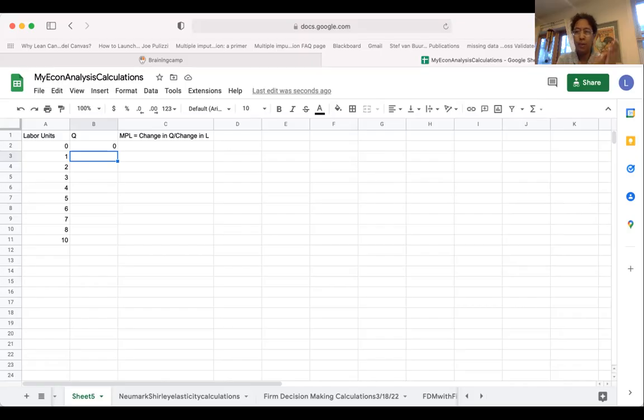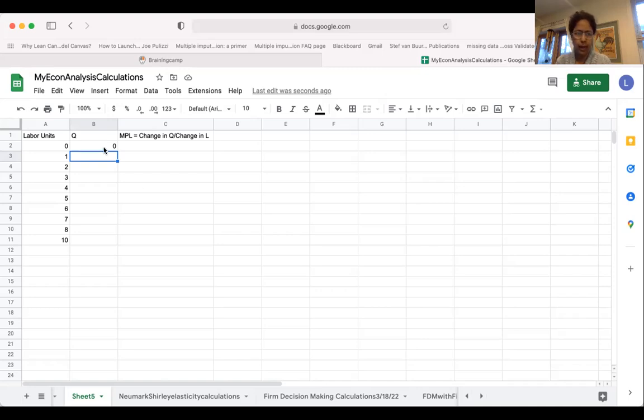Are they twice as productive in one thing? Are they half as productive in another thing? The importance is that people take different amounts of time to do a particular activity. As long as the ratio of the time they take to do one versus the other is different, we're going to have returns to specialization.